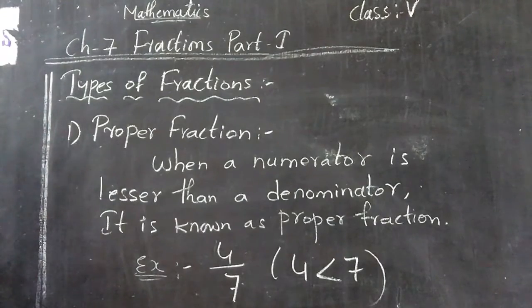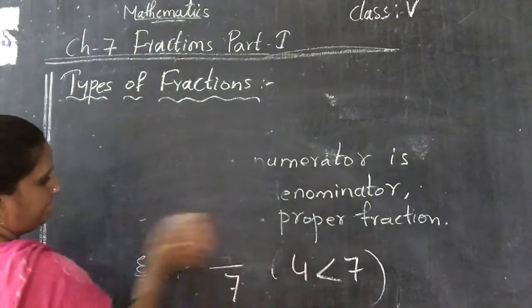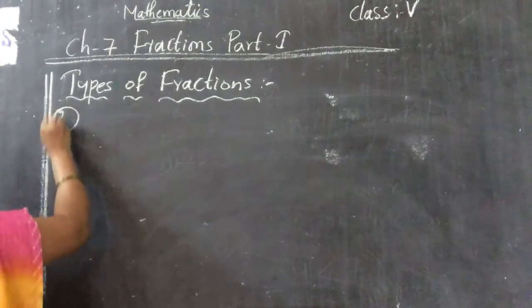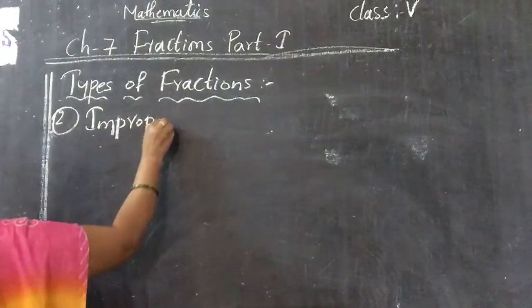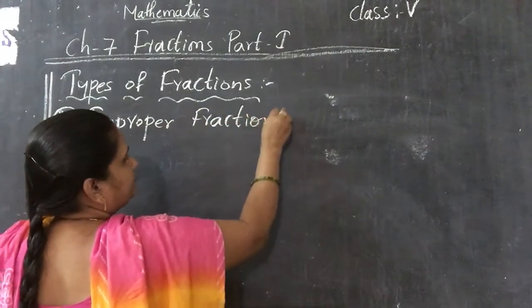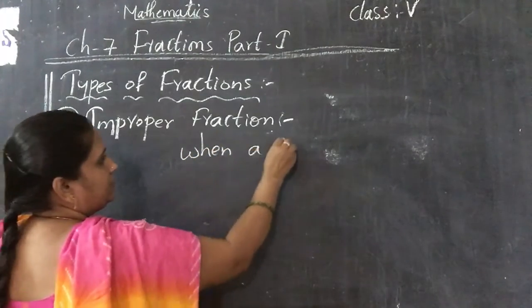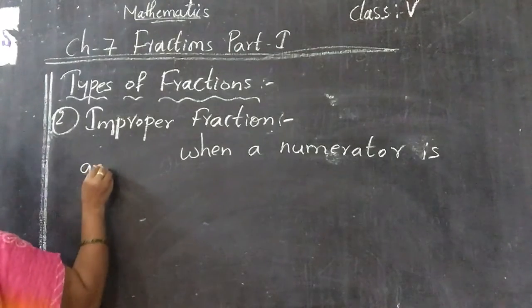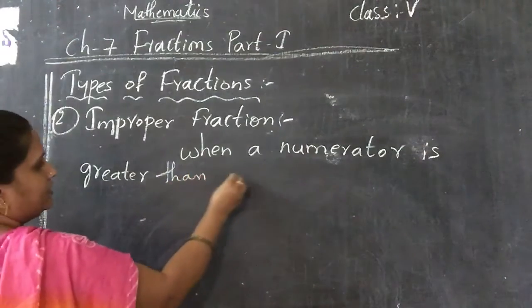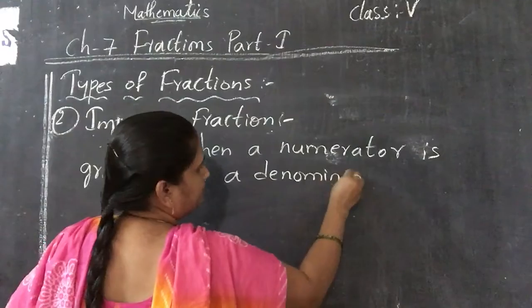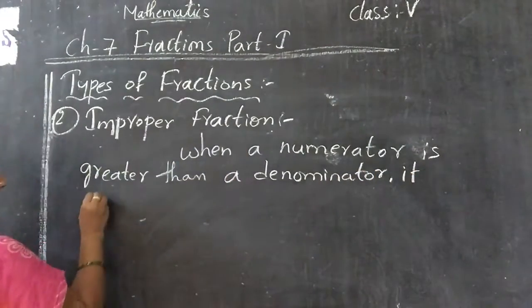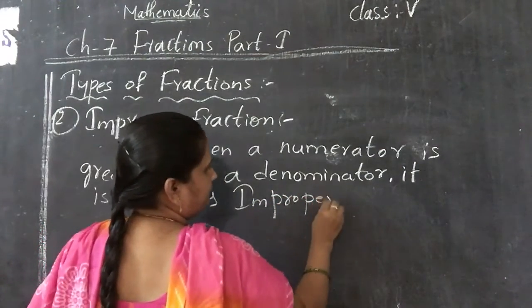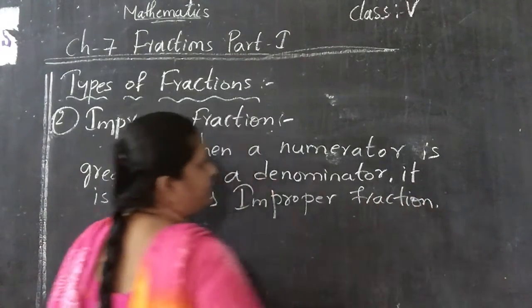Second subheading, improper fraction. Now write down: when a numerator is greater than a denominator, it is known as an improper fraction.